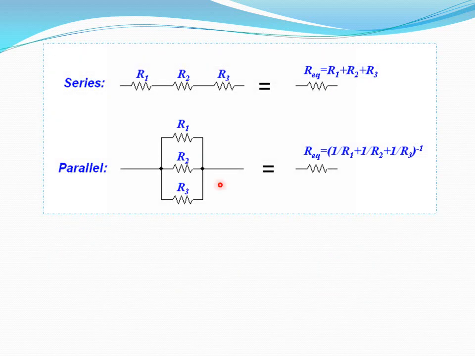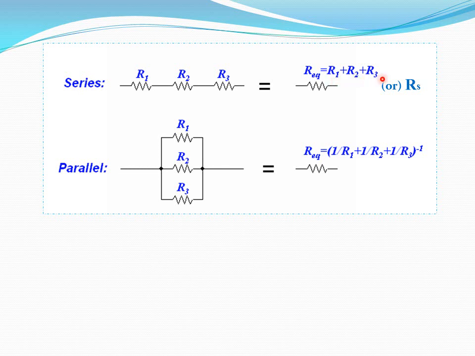Recap. In the series connection, when the resistors are connected in series, the equivalent resistance, denoted by Rs, is equal to R1 plus R2 plus R3.